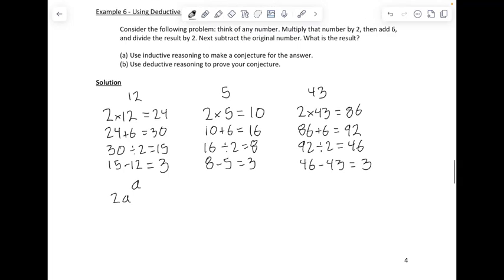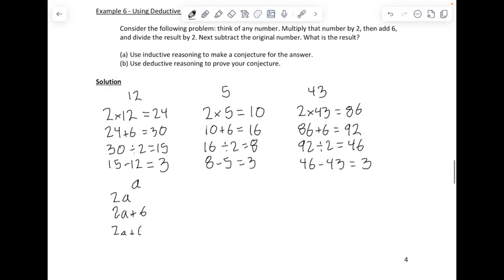Add 6. That would be 2a plus 6. Divide that result by 2. Okay, this is where some algebra skills come in handy. So we've got 2a plus 6 divided by 2.